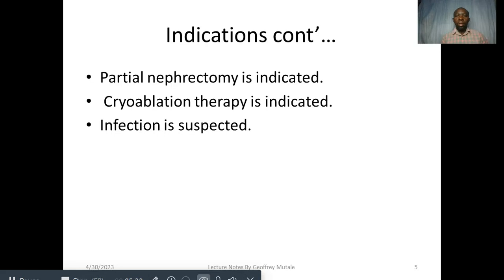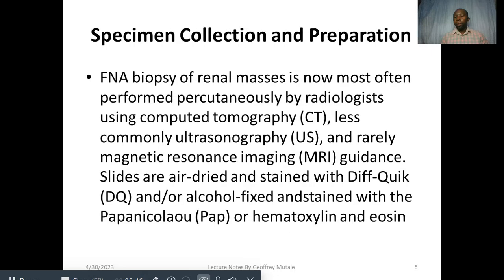So continuing with the indications, we also look at conditions of partial nephrectomy, where it is very important. And then we look at cryoablation therapy, and also infection, where we suspect that it could be a result of an infection.